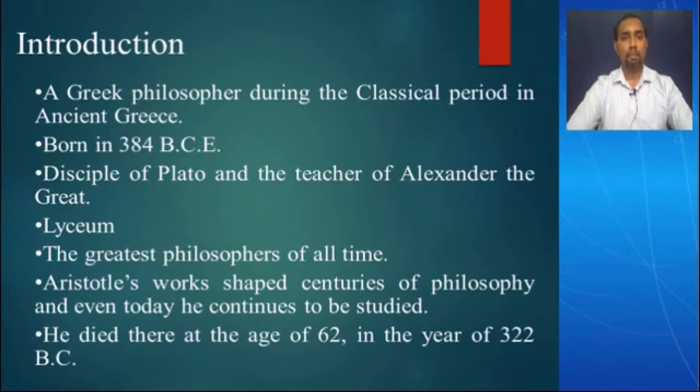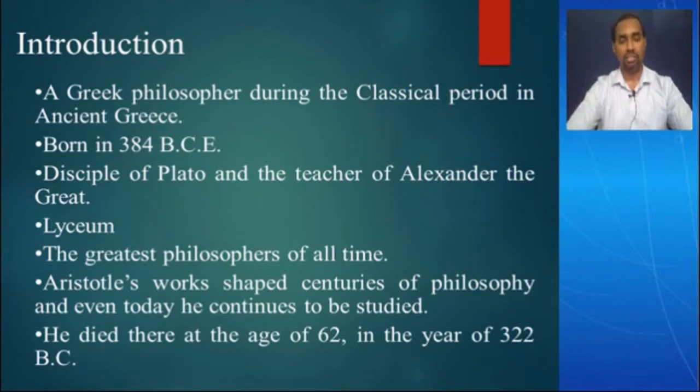Like Plato had an institution called the Academy, Aristotle also founded an educational institution. It was called the Lyceum. It is in the Lyceum that the peripatetic method of teaching was followed. Peripatetic means traveling from place to place, in particular working or based in various places for relatively short periods.